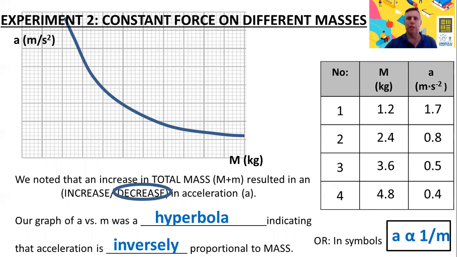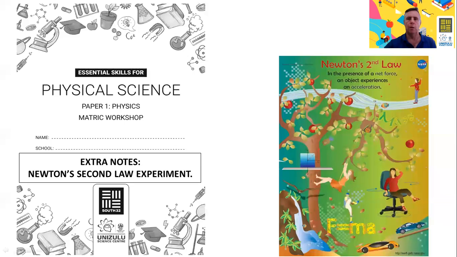So I hope you saw very nicely in this experiment. In experiment 1, we showed that acceleration is directly proportional to force. And from this experiment 2, we've seen that acceleration is inversely proportional to mass. Although this particular experiment has not been directly examined for many years, it is still a very useful experiment for understanding Newton's second law of motion.